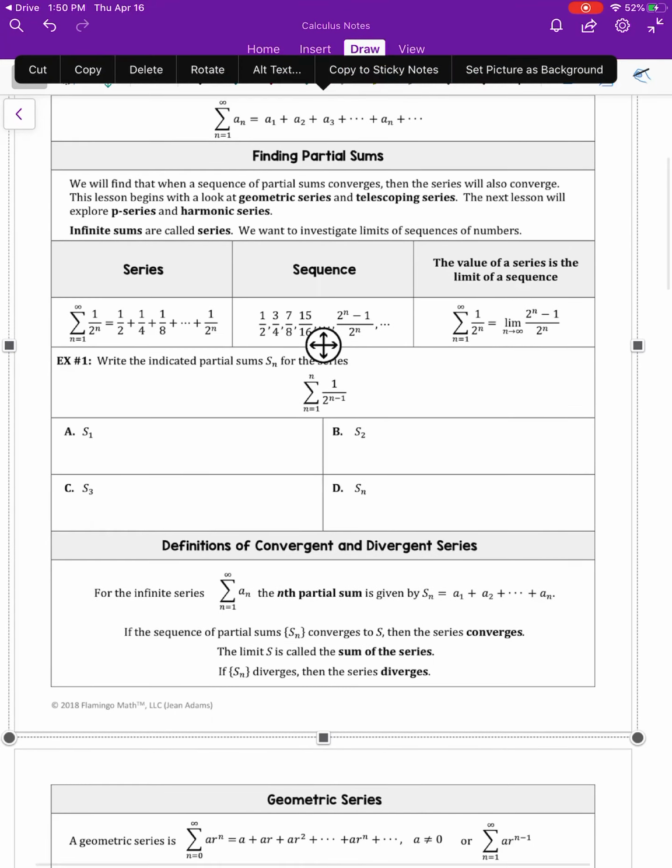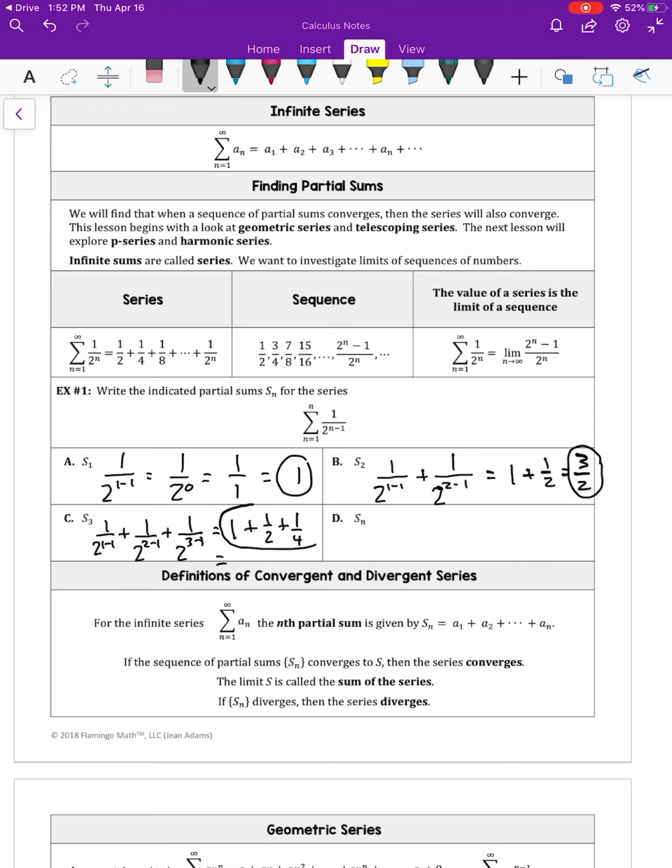S sub 3 is the partial sum of the first three terms. So we've got our first term, 1 over 2 to the 1 minus 1, plus 1 over 2 to the 2 minus 1, plus 1 over 2 to the 3 minus 1. So we said this was 1. The second one is 1/2.